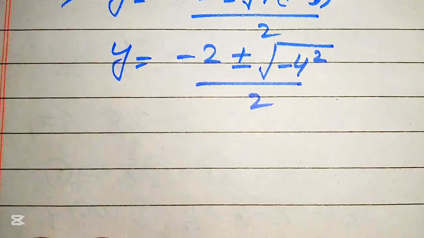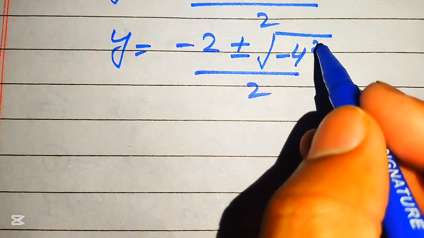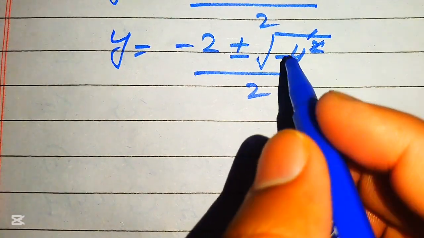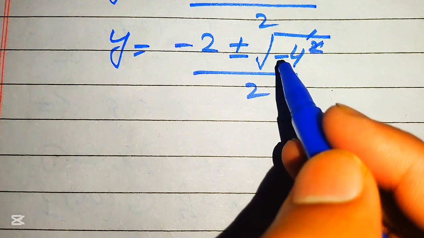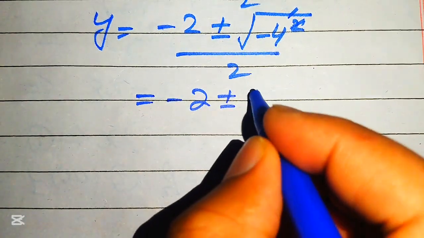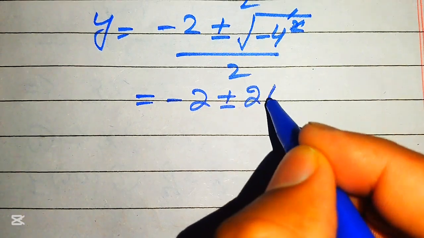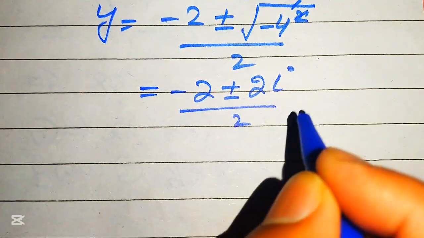And here we need to separate the square root on both of these values, and we can just apply this square root separately on this negative term, and it becomes minus 2 plus minus, the square root of 4 becomes 2, and square root of minus 1 equals iota, divided by 2.